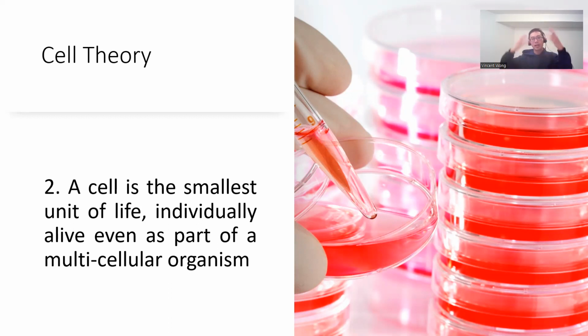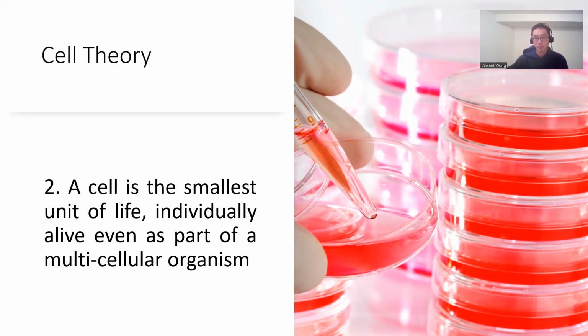We as a whole human being have our own thoughts and we can control our movement, but on the cellular level, each individual cell is alive on its own. In fact, you can take cells from the body and grow them in a petri dish. That's what this picture is. The red stuff that you see there is nutrients that you can feed to the cells to keep them alive outside of your body.